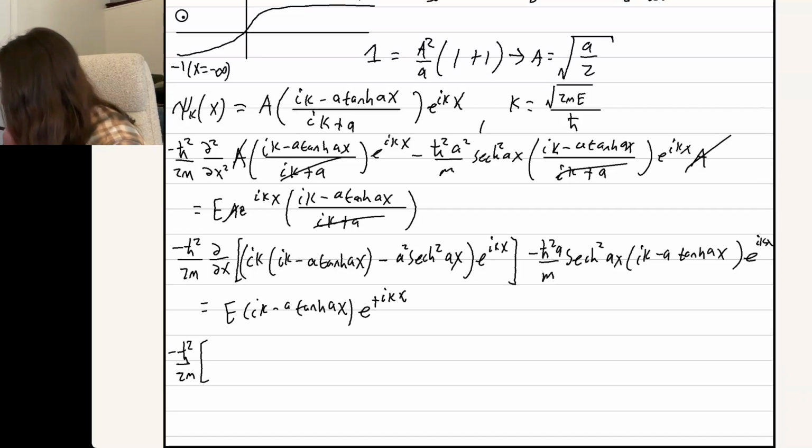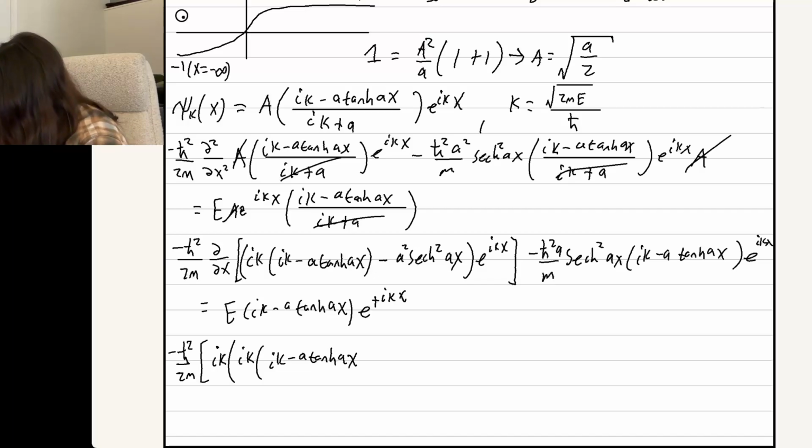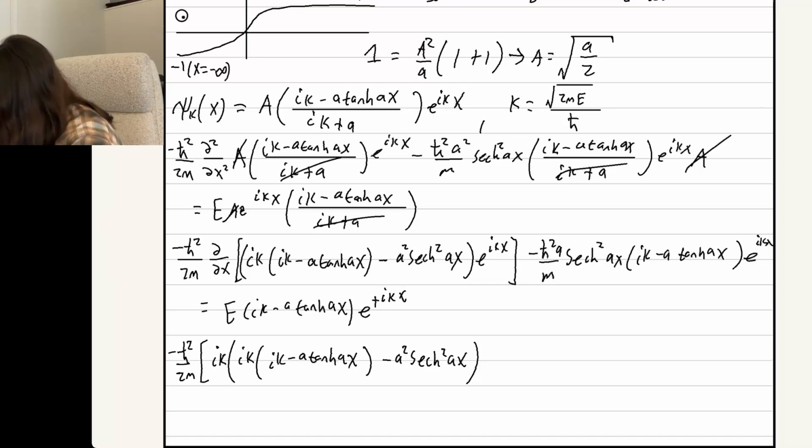So we're going to have a term which is proportional to ik times all of that junk, which I just wrote. So ik times (ik times (ik minus a tanh ax) minus a squared sech squared ax). And then you're also going to have a term which is proportional to just the derivative of that junk.